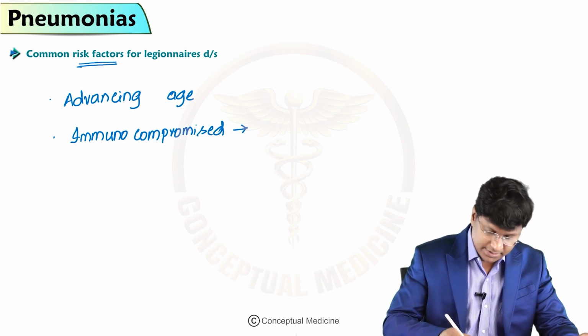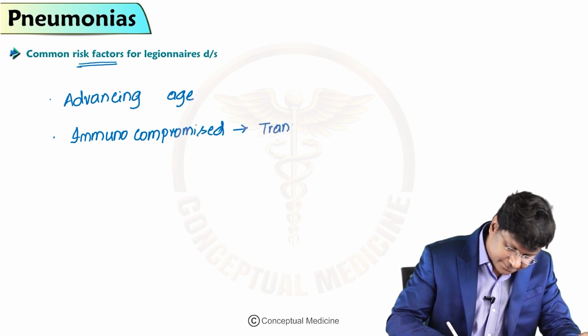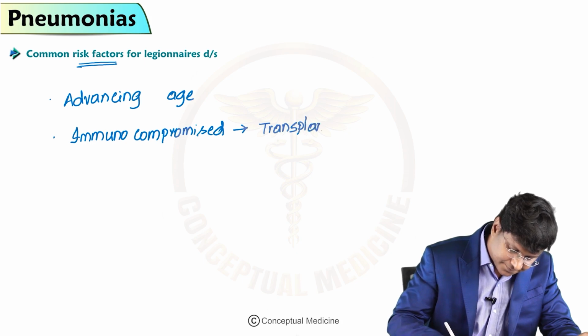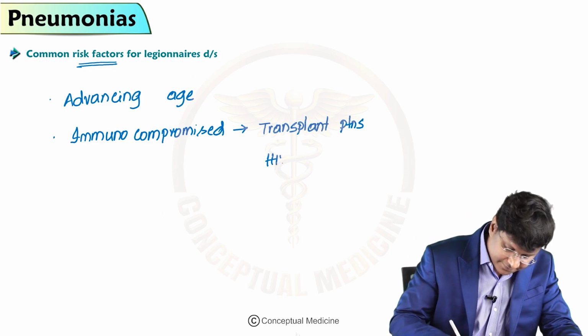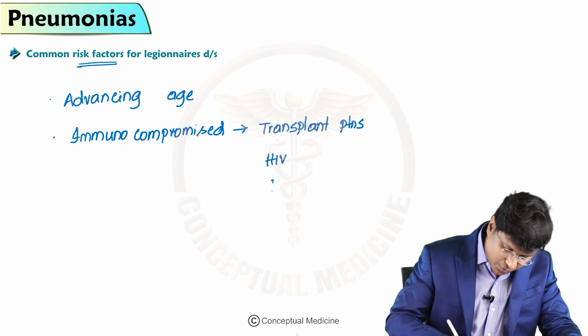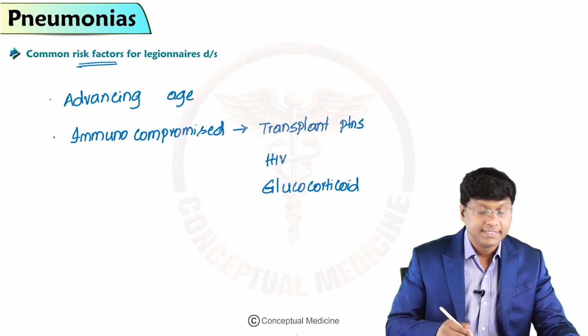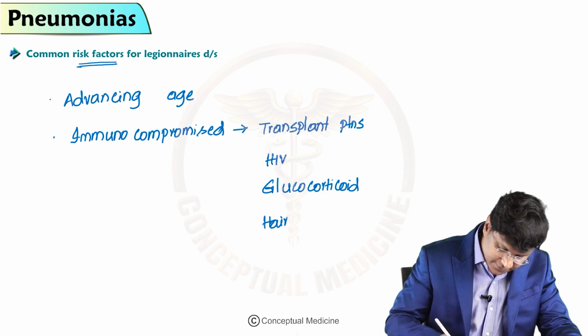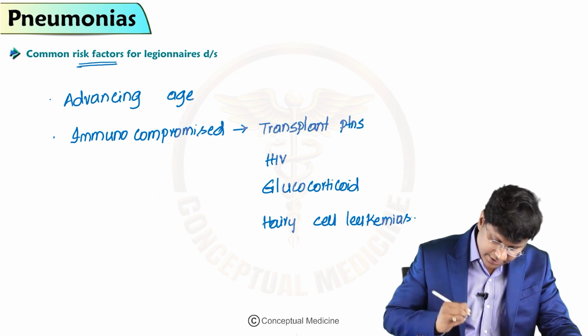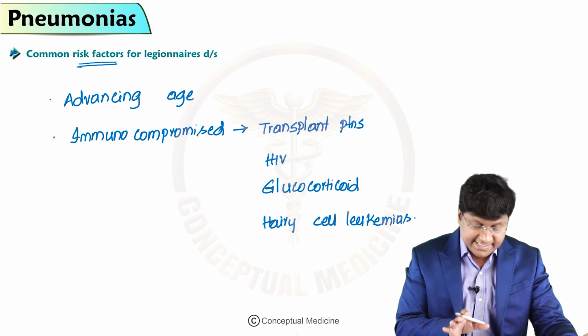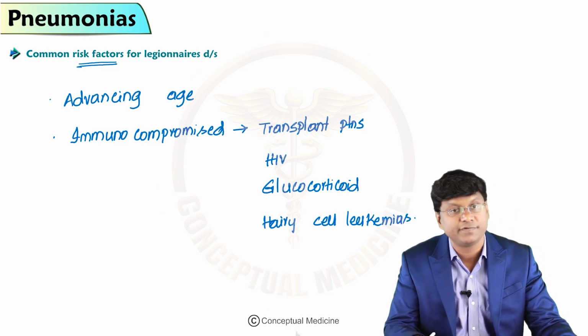They include transplant patients, number 2, patients with HIV, number 3, glucocorticoid recipients. Next, patients with hairy cell leukemias. So these are the group of individuals who are at risk of development of Legionella pneumonia.